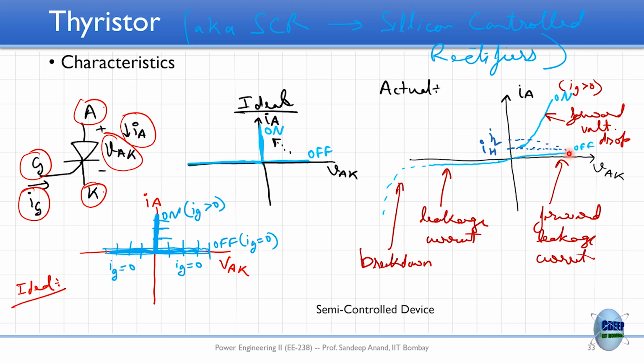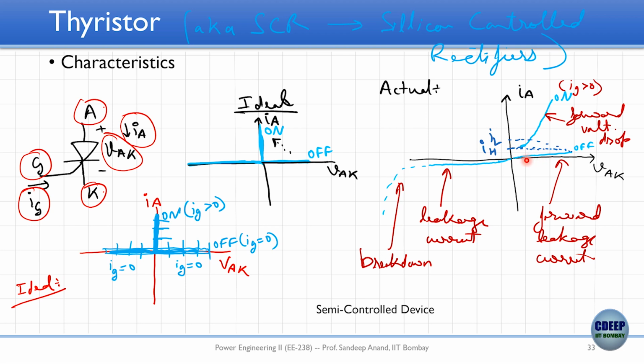For the device to turn on, you have to provide a gate current, and that also should have an anode to cathode potential as positive, right? And the device turns on. Now the current is reducing, you have removed the gate current, let's say current is reducing, it doesn't really go till 0. So if the current is less than something called the holding current, the device again turns off, right?